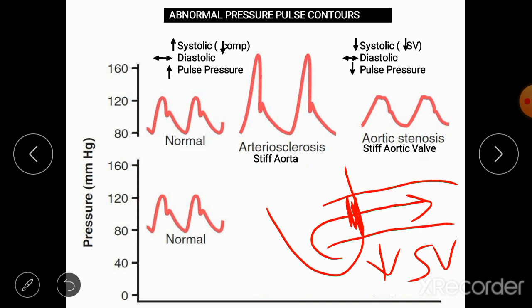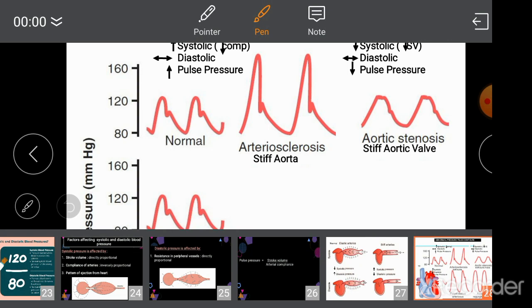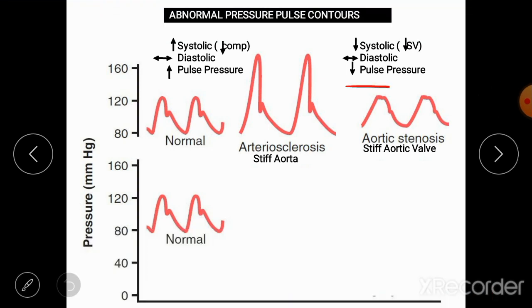Since stroke volume is directly proportional to systolic blood pressure, this reduced stroke volume will result in decreased systolic blood pressure, as is evident from the graph. This reduction in systolic blood pressure results in decreased pulse pressure.